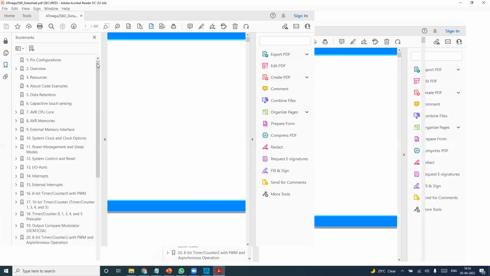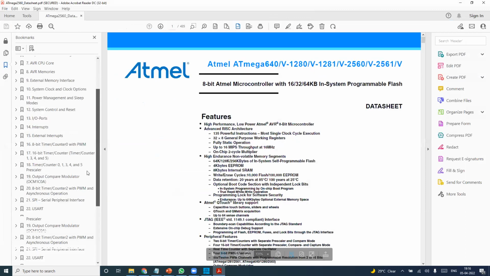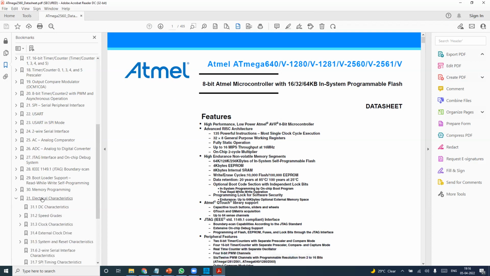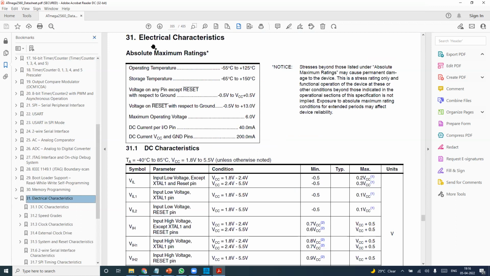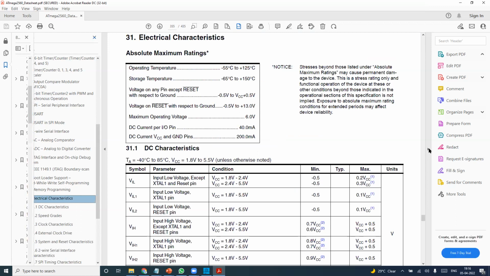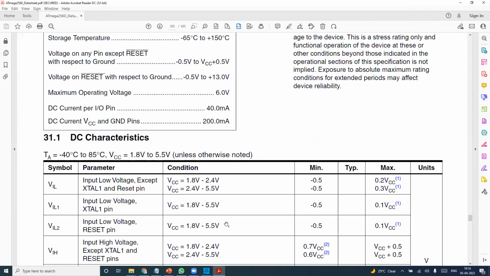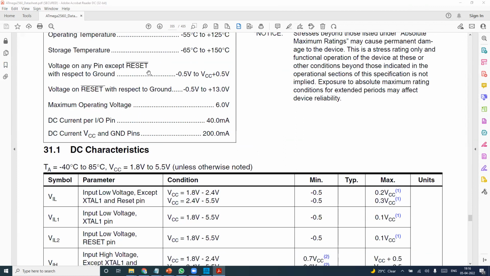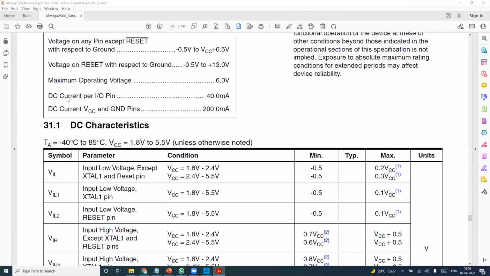See here, if you come down, there's a chapter called electrical characteristics. See here, 31, electrical characteristics. They will say what the maximum current is, and here you see the temperature. See, DC current per IO pin is how much? 40 milliampere.